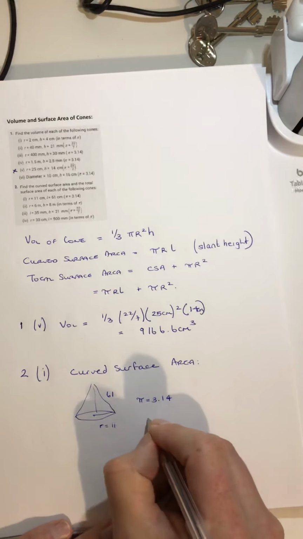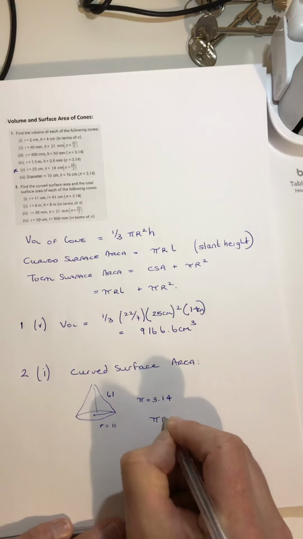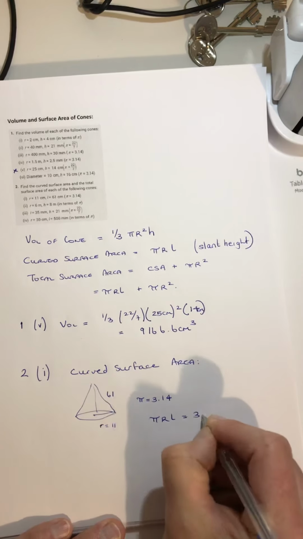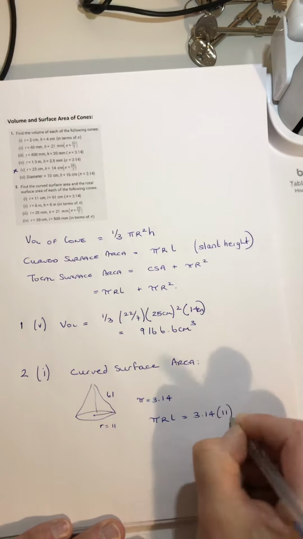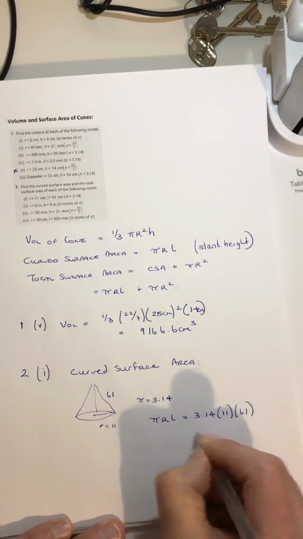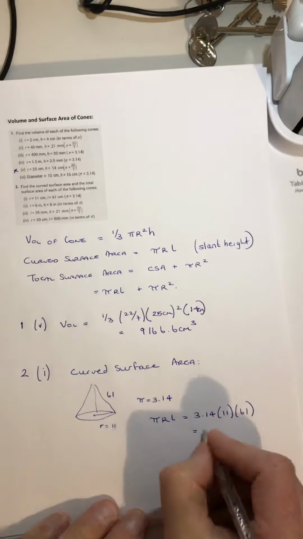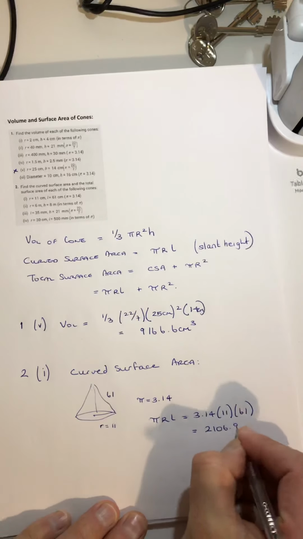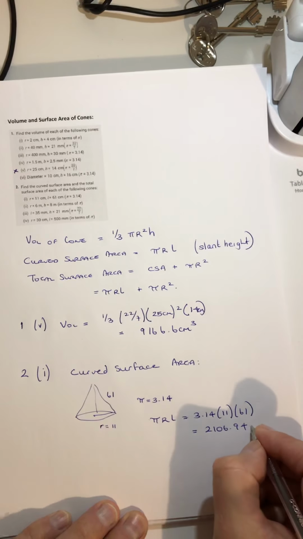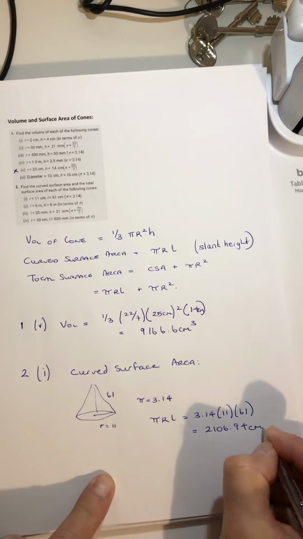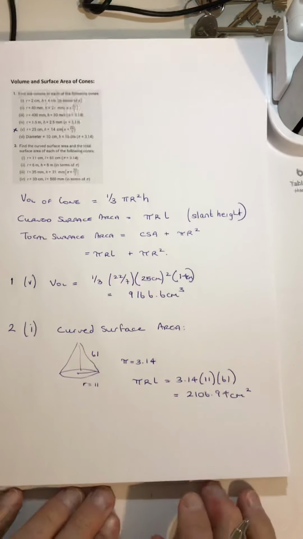So the curved surface area, pi r L, will be 3.14, the radius is 11, and the slant height is 61. And so let's see what the curved surface area is equal to: 2106.94, and it's in centimeters squared for area.